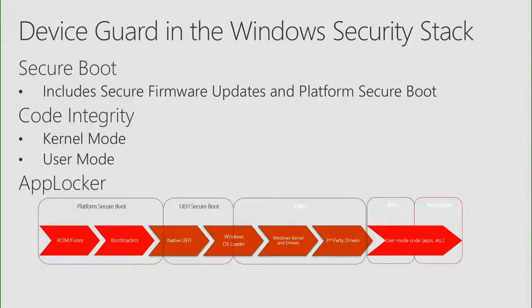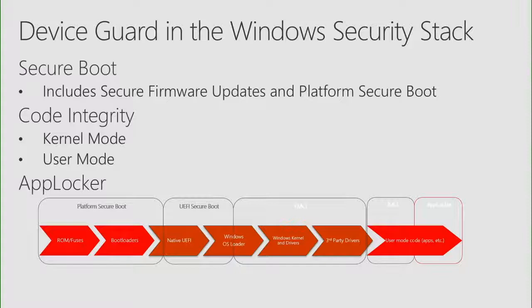Well, first of all, if you look at the security stack of Windows, it starts with the hardware nowadays, where the UEFI is very important, and you have to be sure that no malware is being loaded while you're starting your system. So first of all, there is Secure Boot, which is now considered part of Device Guard.